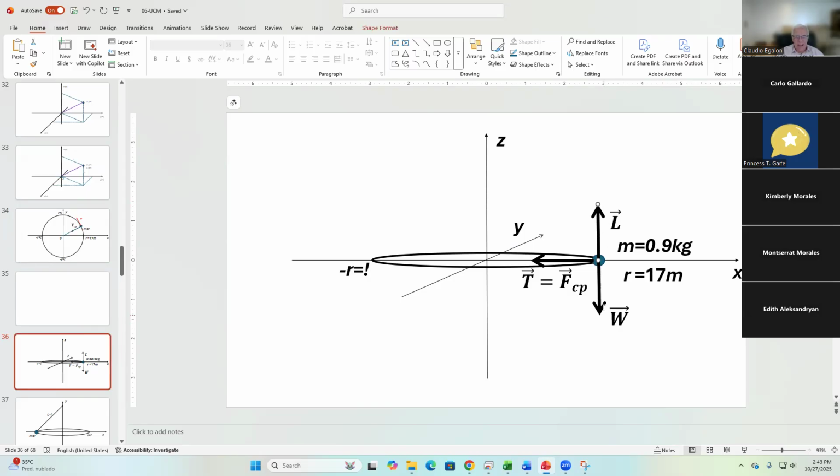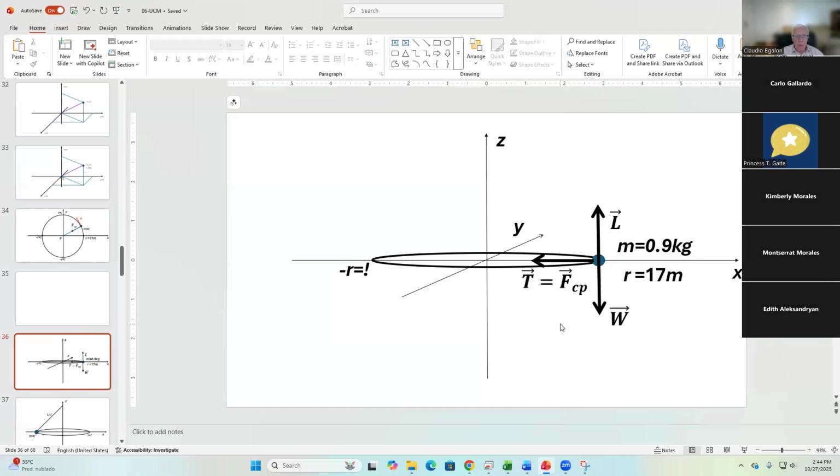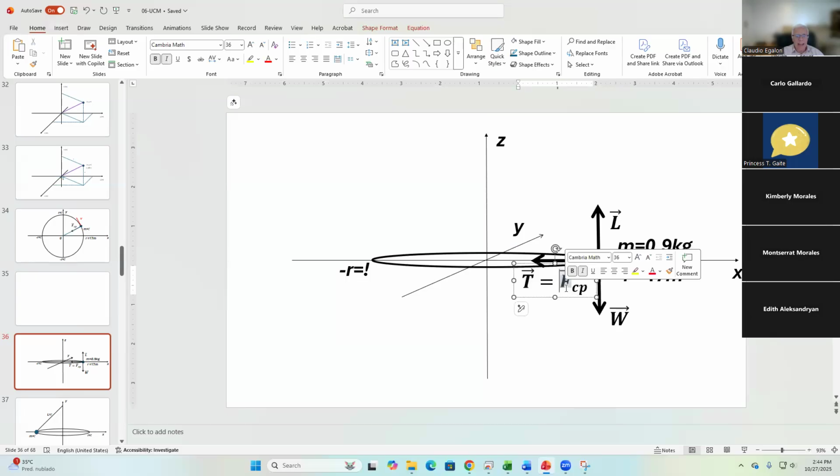So the net force along the z-axis here is going to be 0. Lift would be equal to the weight, and the plane will be able to move in uniform circular motion. The centripetal force, by the way, is going to coincide with the tension in the string.